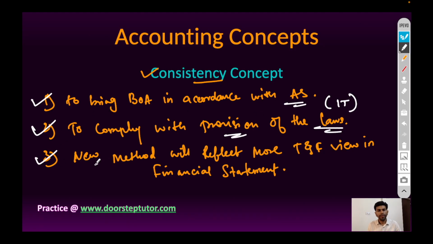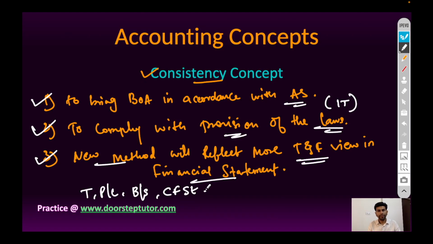And if a new method will reflect a more true and fair view in financial statements. True and fair view means all the data under financial statements reflects correct amounts with no human error, and financial statements means trading account, profit and loss account, balance sheet, and cash flow statements.